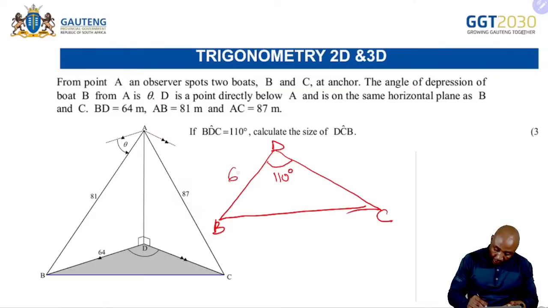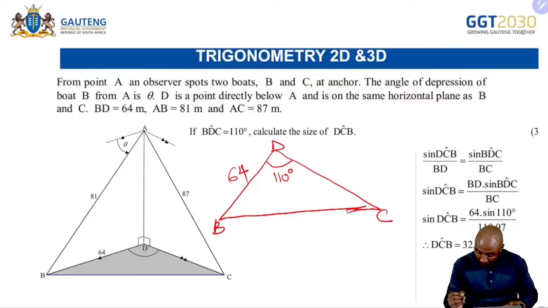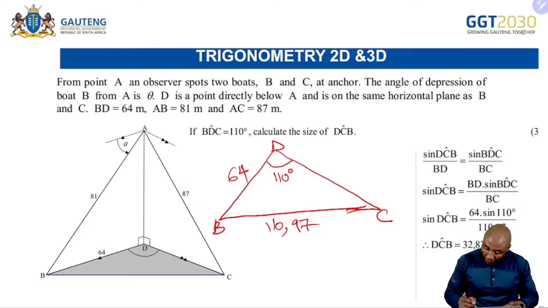BD is 64. BC, we have calculated it, and we found its length as 110.97. Now, we want to find this angle here. What can help us?